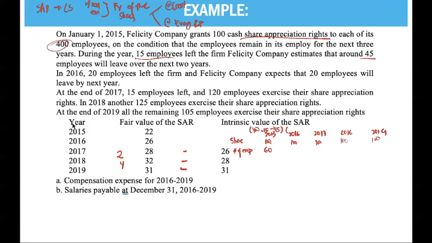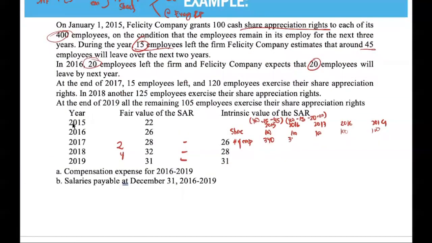For 2016, we have 400, and then 15 initially who left, and then 20 who additionally left the company, and 20 who will leave the company. 400 less 15 less 20 less 20. This is 400 less 60 is 340. So this one is 345. 2017, 15 employees left.